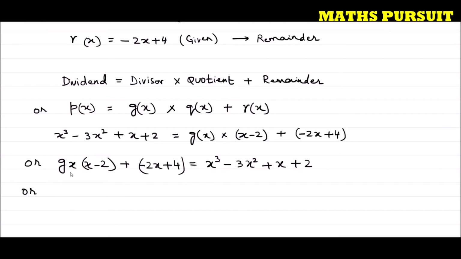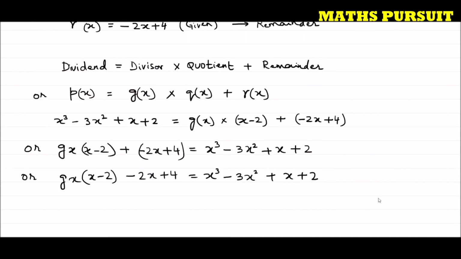Or I can write g(x)(x - 2) - 2x + 4 is equal to x^3 - 3x^2 + x + 2. Hope guys we are very clear.